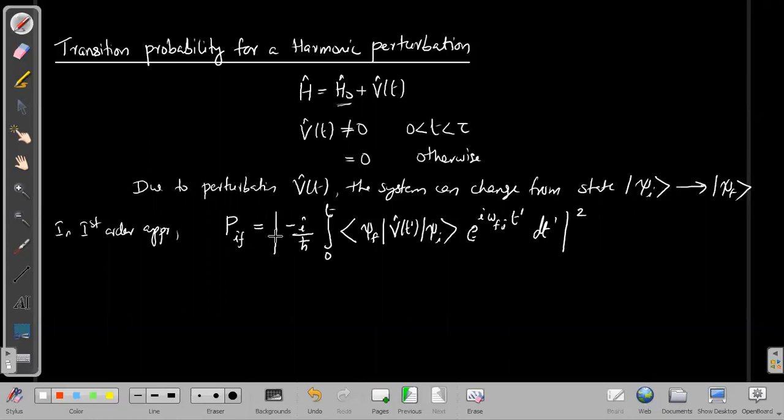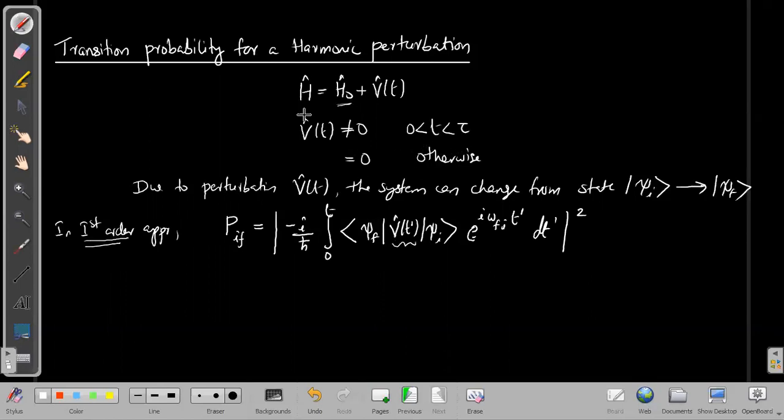If you have a second order approximation, then there will be one more term and so on. We are limiting our discussion only to the first order approximation. We already discussed the transition probability if the perturbation is constant in time for this time interval.